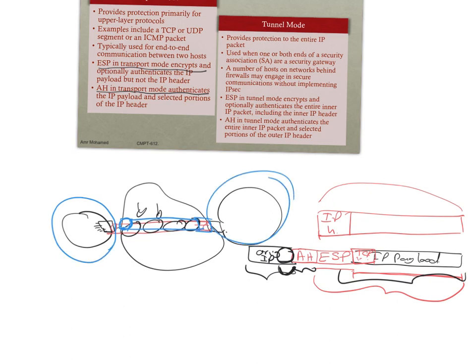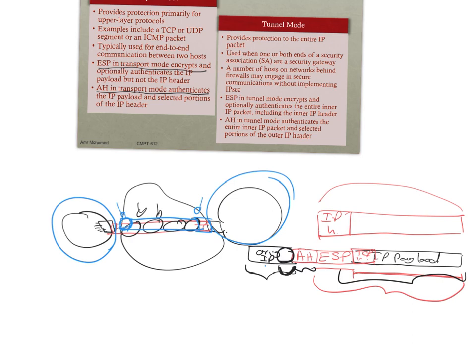So all the traffic coming from all the hosts on this network will have to go through the tunnel. Okay, so as you can imagine, in that case, the original IP header will include what? Will include the source IP and the destination IP, right? Right? But the tunnel is built between the firewalls or the routers, not the source IP and the destination IP in that case.